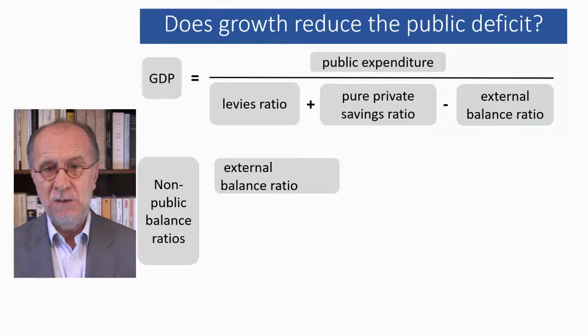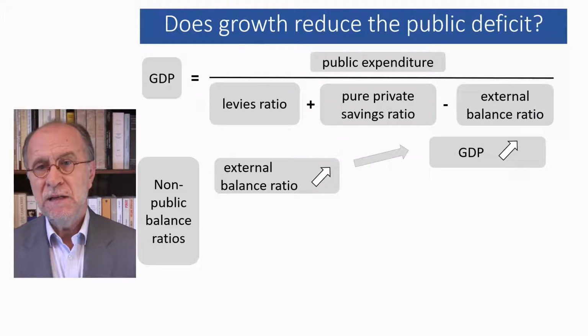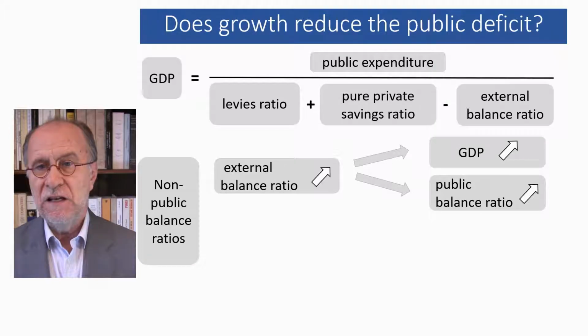When it goes up, the denominator in the equation becomes smaller, resulting in positive GDP growth. However, as seen in the deficit video, when the external balance ratio increases, so does the public balance ratio. Growth driven by the external balance ratio is therefore accompanied by an increase in the public balance ratio.